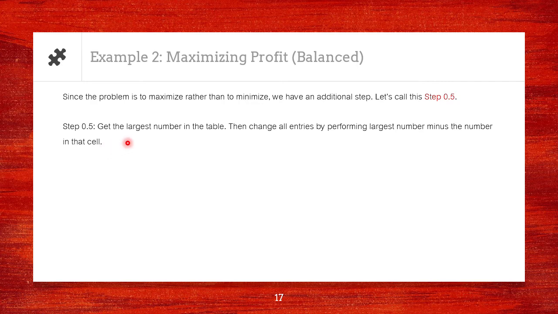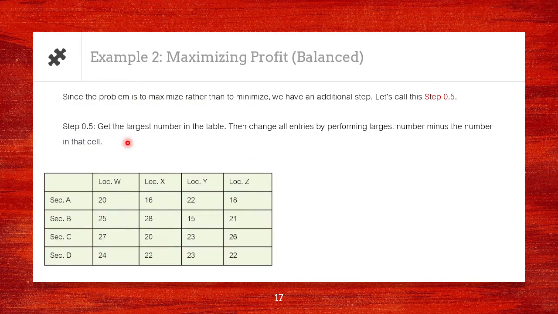So to do this, in our opportunity cost table, notice that the largest number in this table is 28. So what we will do next is to change all the entries by performing largest number minus the number in that cell. So in this case, we change the opportunity cost table by performing 28 minus the number in that cell.